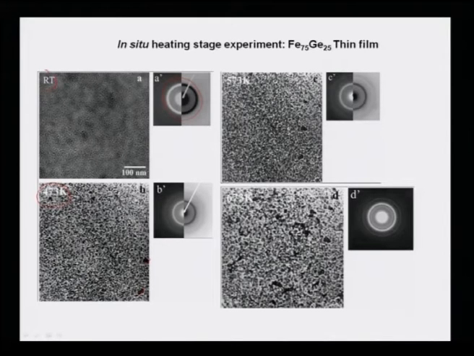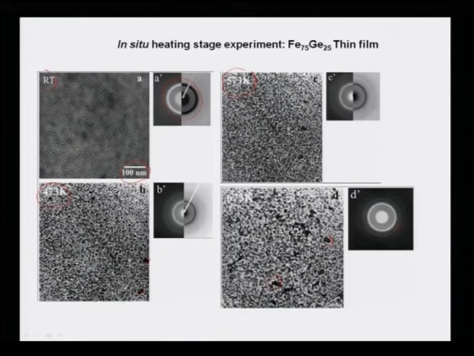As you keep on heating from 473 to 573 K, there are visible changes happening, but the most visible change takes place at 673 K, where you start seeing these black crystals, which are quite big. You have to remember, this is a 100 nanometer bar, so these crystals will be approximately 20 to 30 nanometers. And similarly, the diffraction pattern changes.